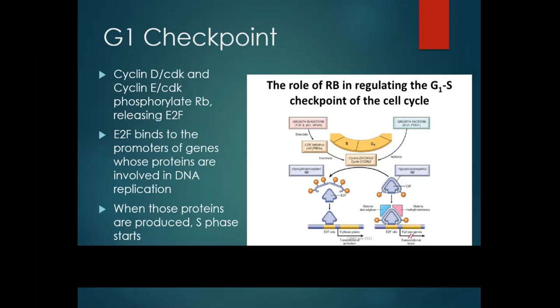So the cell will use RB and the level of cyclin D to determine whether it's ready for S phase. And only when it's ready for S phase will cyclin D phosphorylate RB, allowing E2F to transcribe genes whose proteins are involved in S phase. When these proteins are produced, S phase will start.